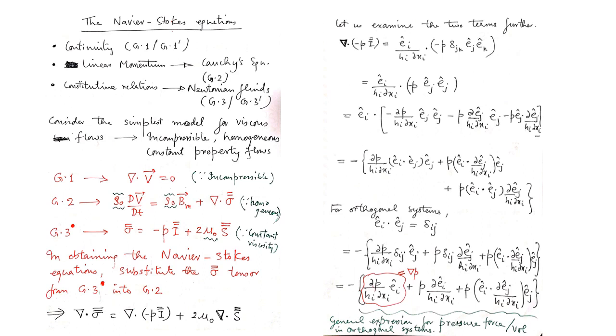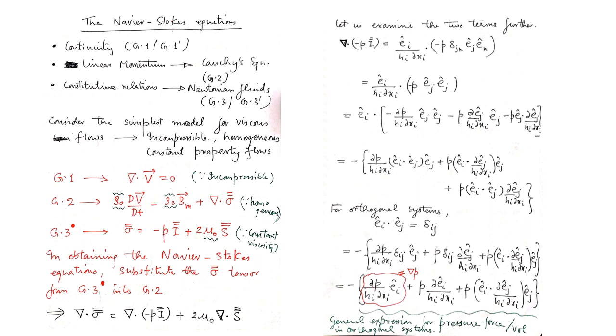So I accordingly substitute this, and then using the fact that you have to sum over the repeating indices, and Kronecker delta doesn't contribute whenever i is different from j, the terms are simplified, and eventually I have, look at the bottom on the right side, three terms. So for orthogonal systems, this is the most general expression for pressure force per unit volume on a fluid particle.